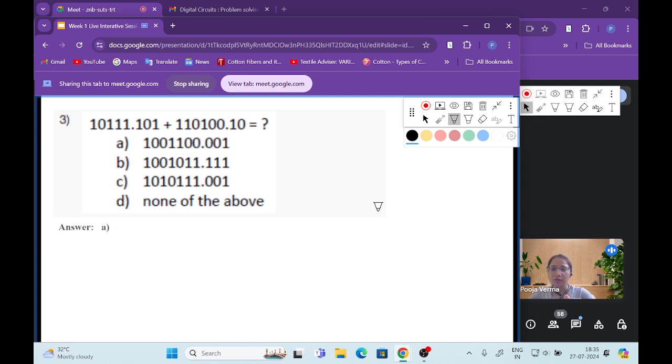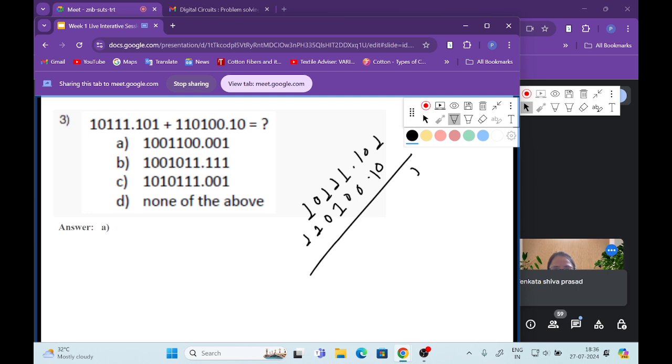So the next question is, what is the value of this addition? So can anyone add this? So what is a binary addition? 101, then 00101 is a 6-digit number, and the upper one is a 5-digit number. So concentrate.